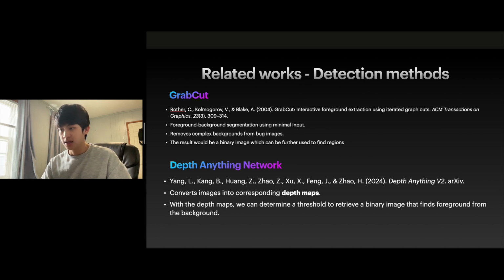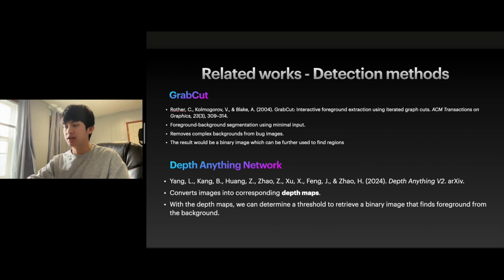First is GraphCut. It was originally developed in 2004 by Rother, and it is essentially an image segmentation method based on graph cuts. Initially, we have to specify a bounding box around the object to be segmented. Then in each iteration, outside of the bounding box is the background, and inside of the bounding box is the foreground.